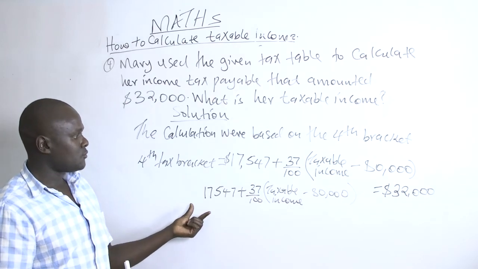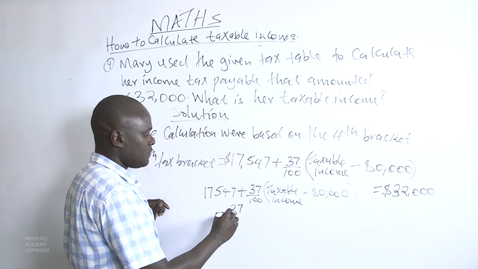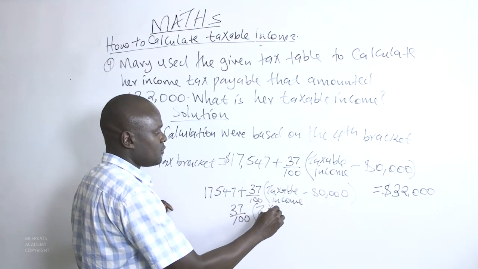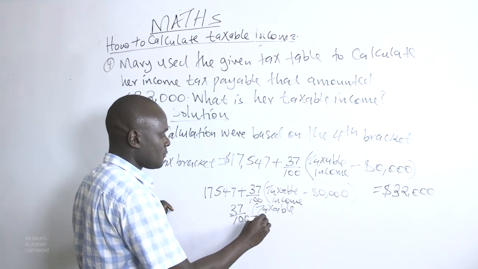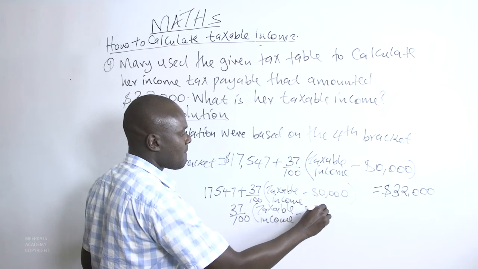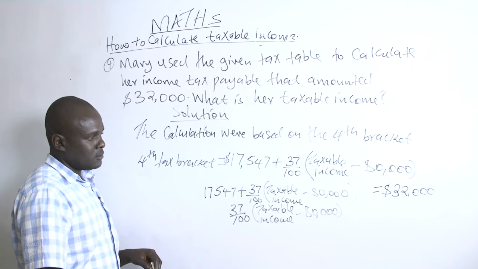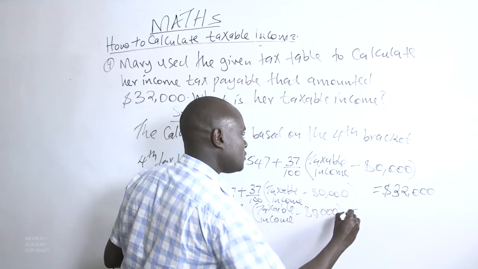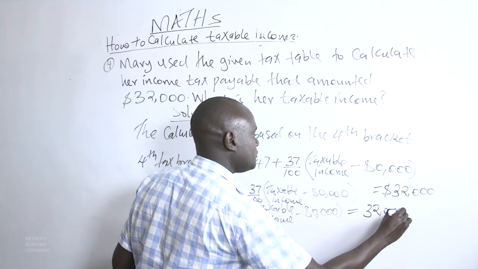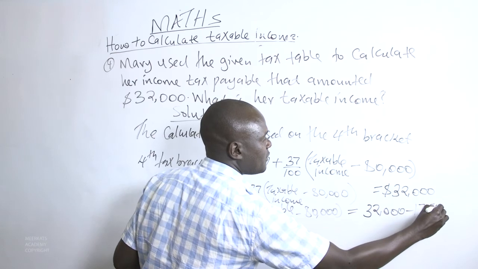We can decide to subtract this from that, so that we have 37 out of 100 into our taxable income minus the ceiling provided in the fourth tax bracket should be equal to 32,000 minus 17,547.